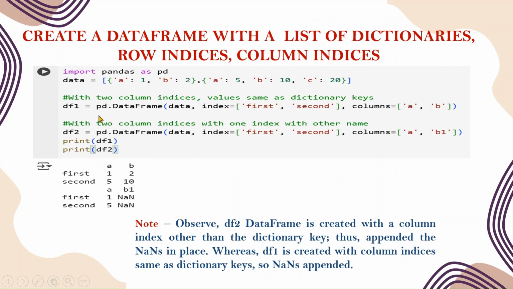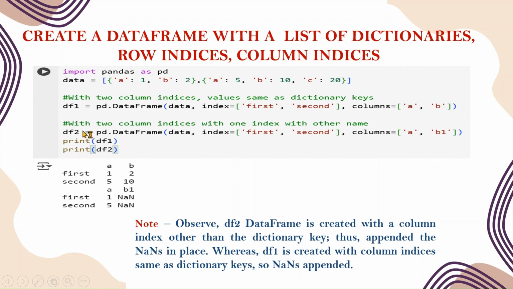Here you can see pd.DataFrame and the data I'm passing, then index, which means the rows, first comma second. Columns equal to A comma B. So this will become the column names.